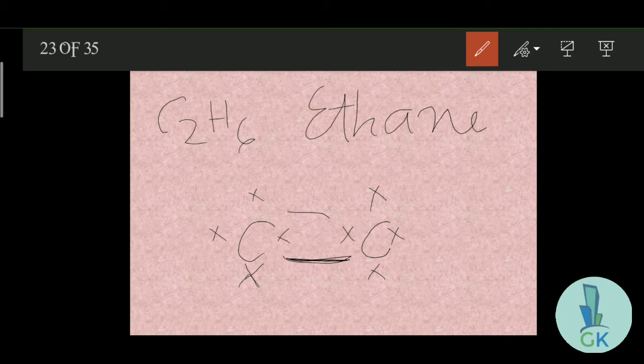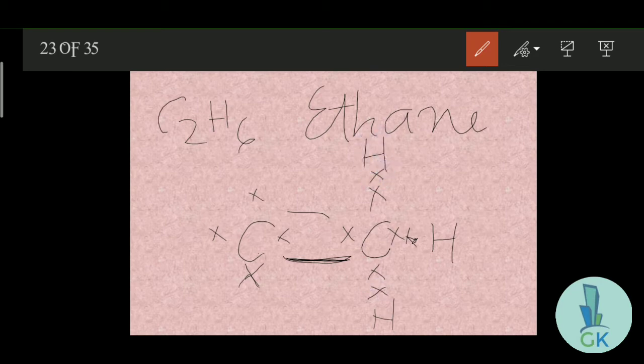Now there are 3 valence electrons left for each of the 2 carbons. So now we will fill these places with hydrogen. So this is hydrogen and its 1 valence electron. Again this is hydrogen, its one other electron, and this is hydrogen.